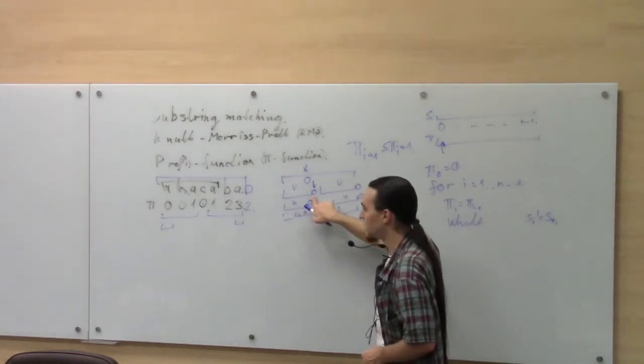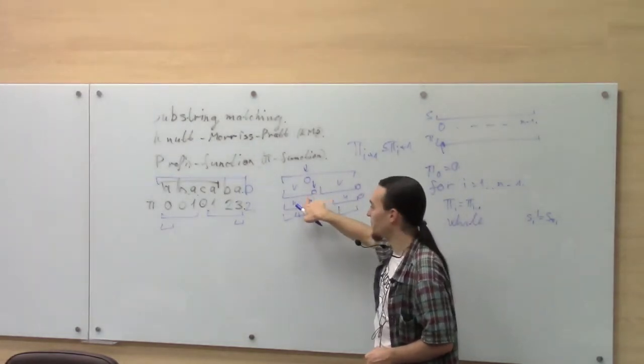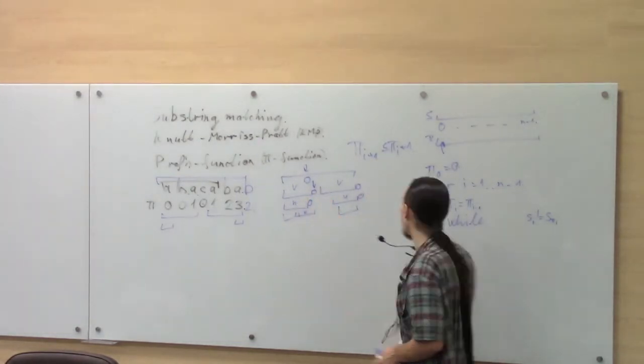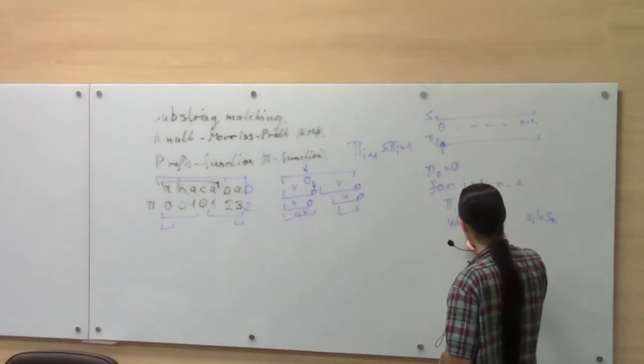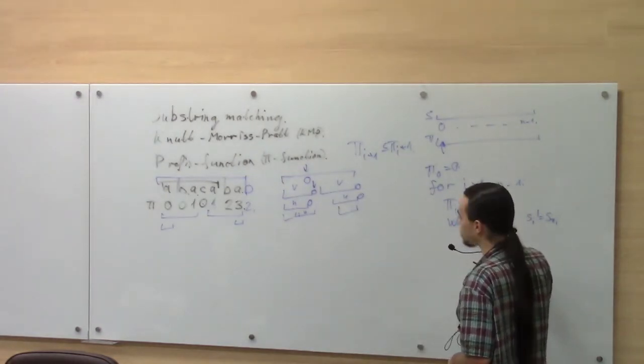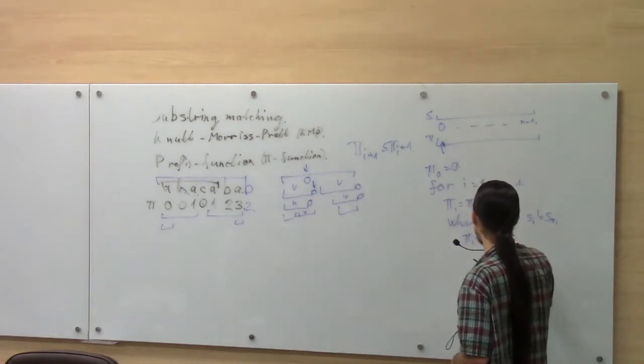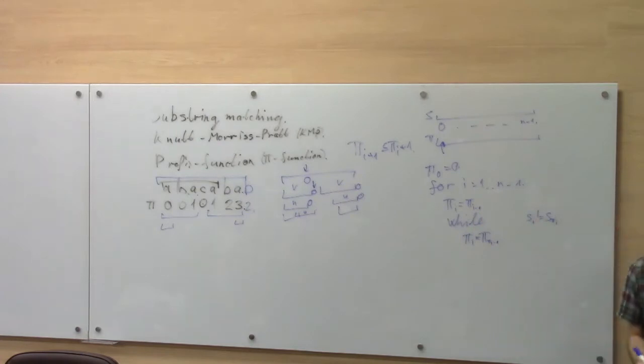We have to take the prefix function of the previous character. Okay, so we move to the previous character and then take the prefix function. So we do something like pi equal to p of pi minus 1, like that.